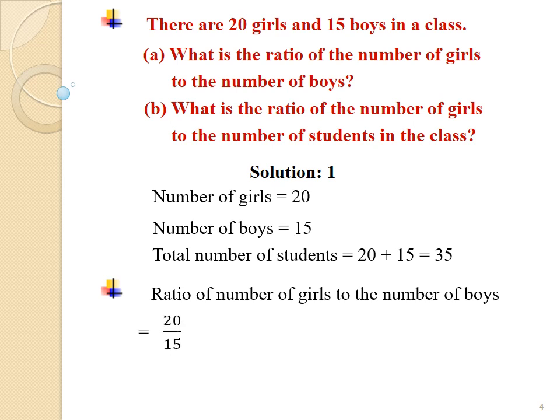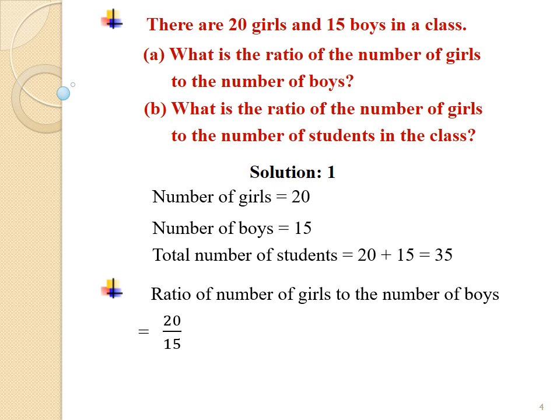Students, now we have to reduce 20 upon 15 into simplest form or lowest term by their HCF. Students, the HCF of 20 and 15 is 5. So now, let us reduce 20 upon 15 by their HCF 5.